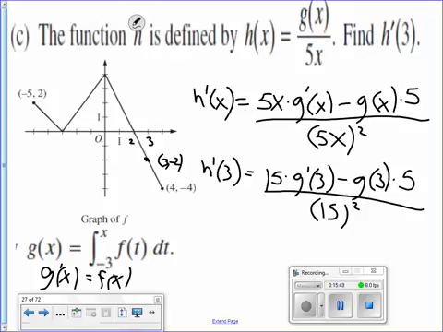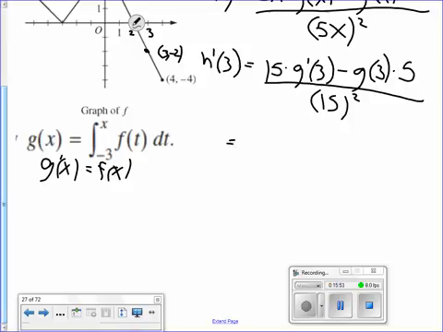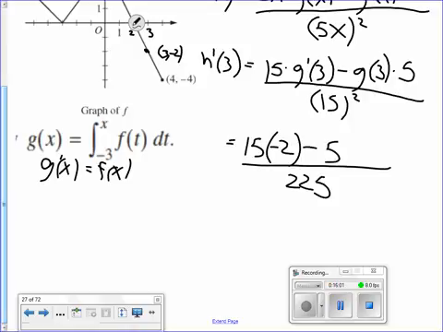That's the -2. 15 times -2 minus, oh boy, 5 times g of 3. To get g of 3, I have to look at this definition. Oh, we did in part A? Now, are you okay getting that? Yeah?